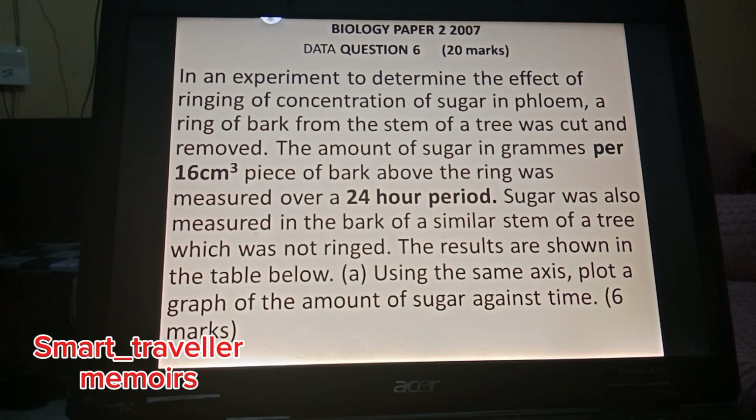Sugar was also measured in the bark of a similar stem of a tree which was not ringed. The results were as shown in the table below, and using the results, you are drawing a graph on the same axis of the amount of sugar against the time.